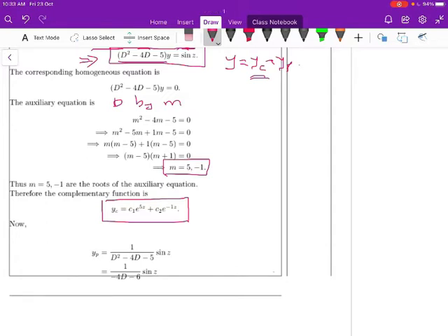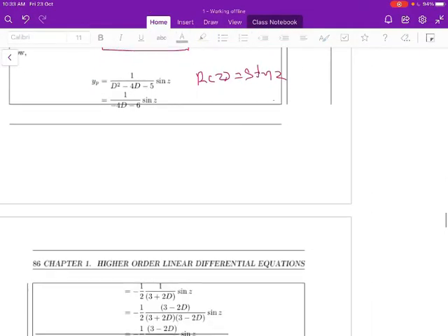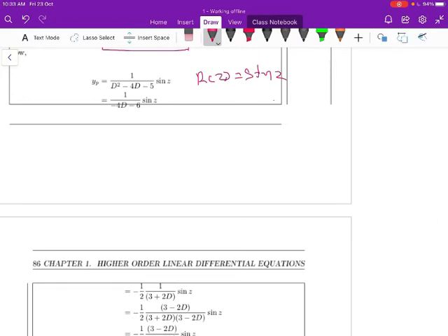1 by f of d. F of d is d square minus 4d minus 5 into sin z. That is r of z is equal to sin z. So sin z being a trigonometric function, so you have to operate for d square always. So d square is equal to sin z coefficient is 1, that is minus 1 square.